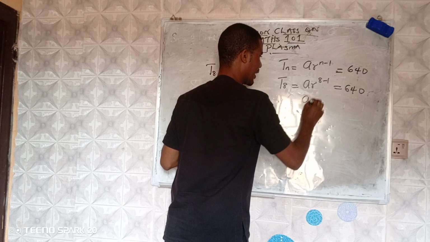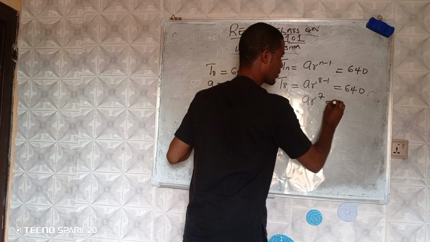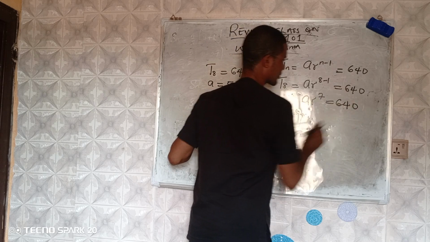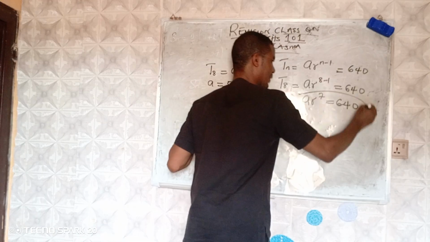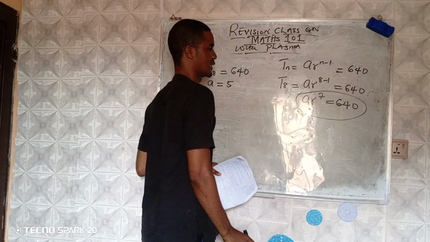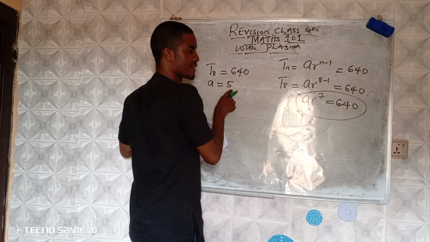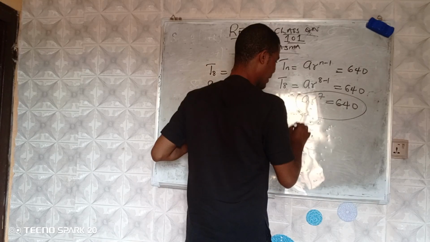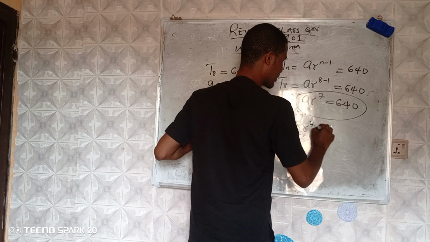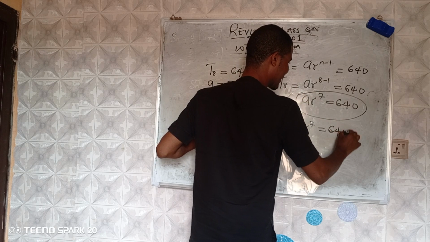I have ar^7 equals 640. Now, they're giving me that a is 5. So I'm going to have 5r^7 equals 640.